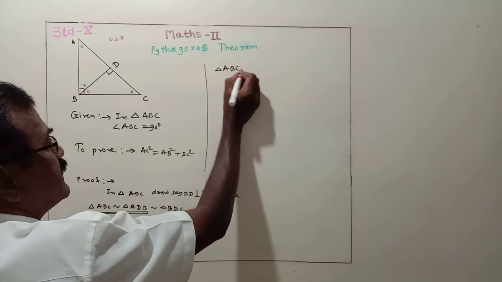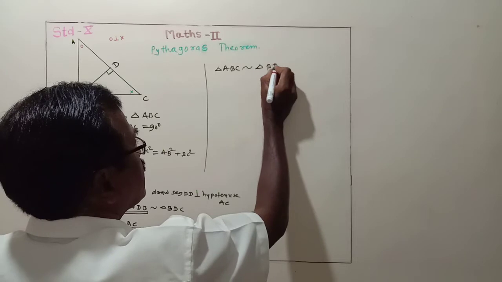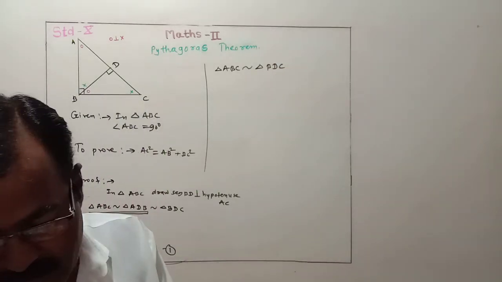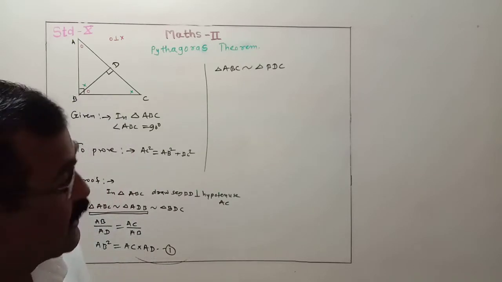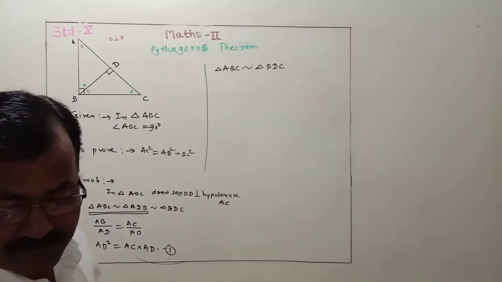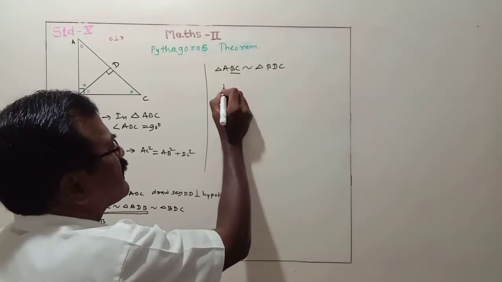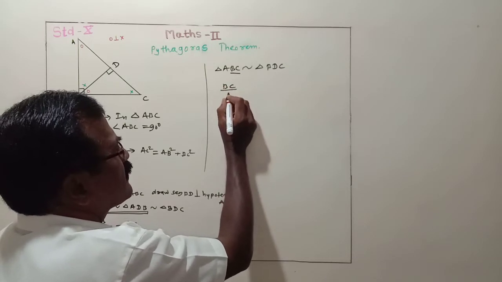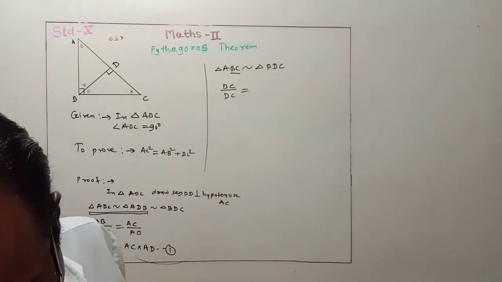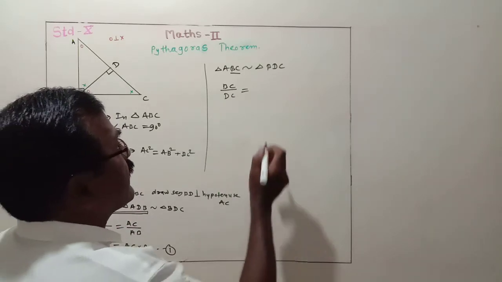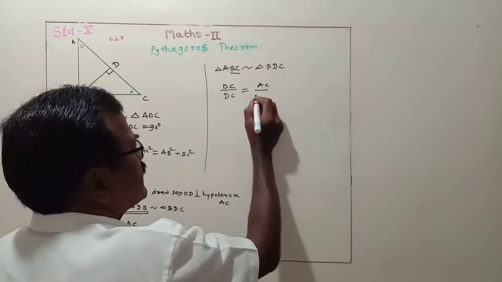And second pair, we take triangle ABC similar to triangle BDC. Then in this pair, we take corresponding sides, means BC upon DC is equal to AC upon BC.